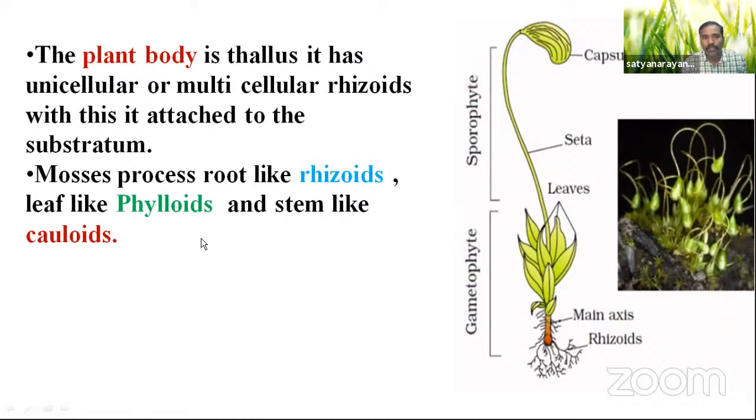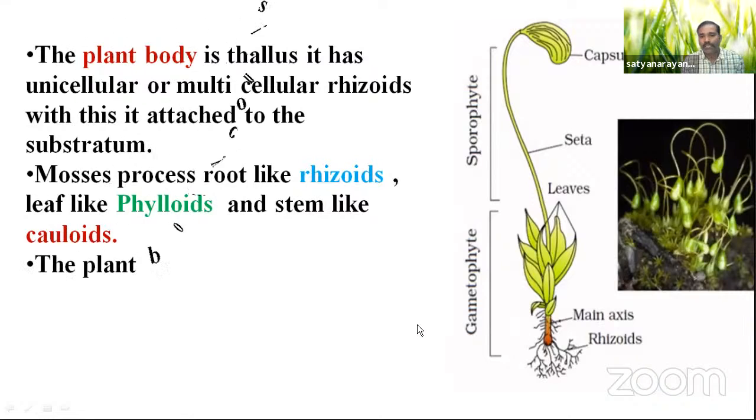They are autotrophic plants. Within the phylloid, the chlorophyll tissue is present, and it exhibits photosynthesis. And a stem-like structure is present, called the caulid. So in the plant body, the rhizoids are present, the leaf-like structures, phylloids, and the stem-like structure, caulid.